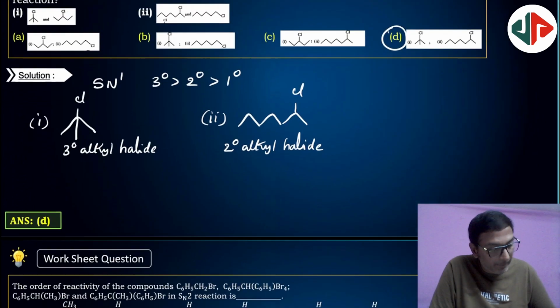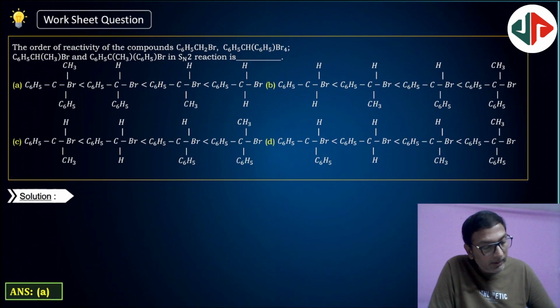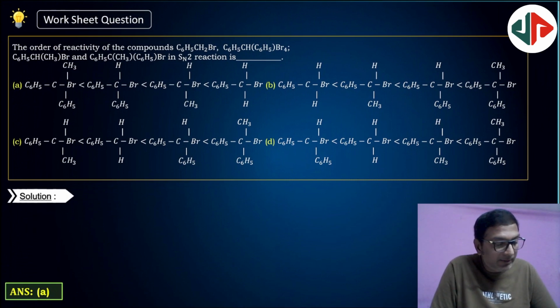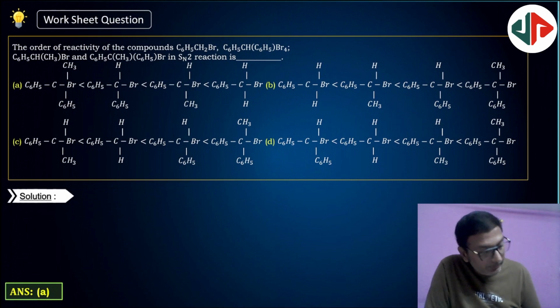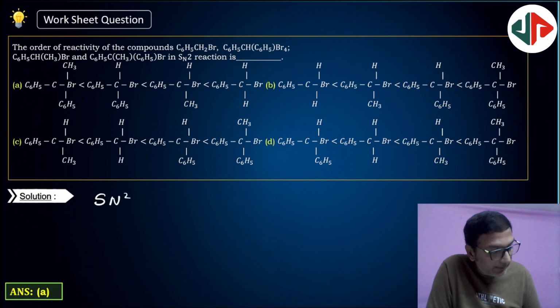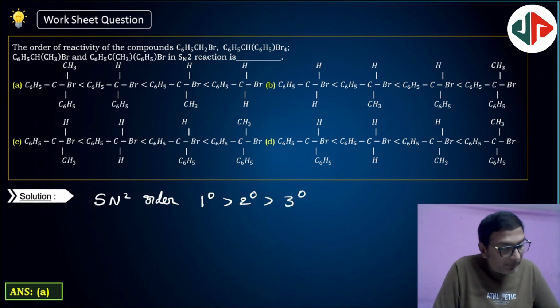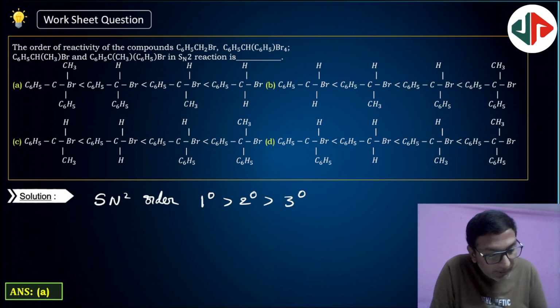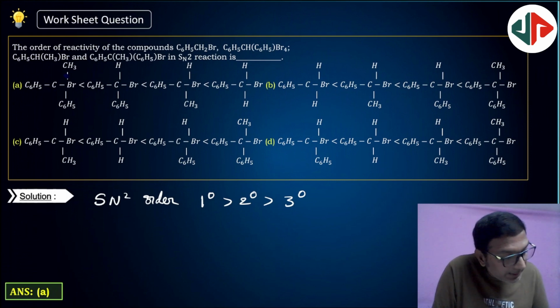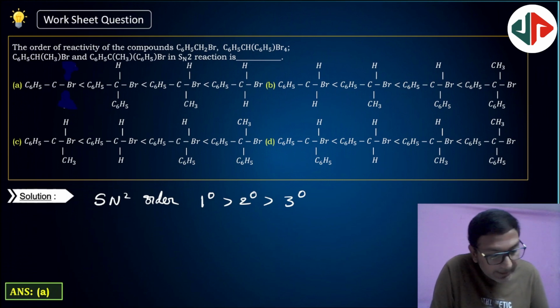Next. The correct order of reactivity of compounds towards SN2. So we know the SN2 order: primary highest, tertiary least. Out of the given compounds, check here: CH3 should be there, CH3, C6H5 like this.